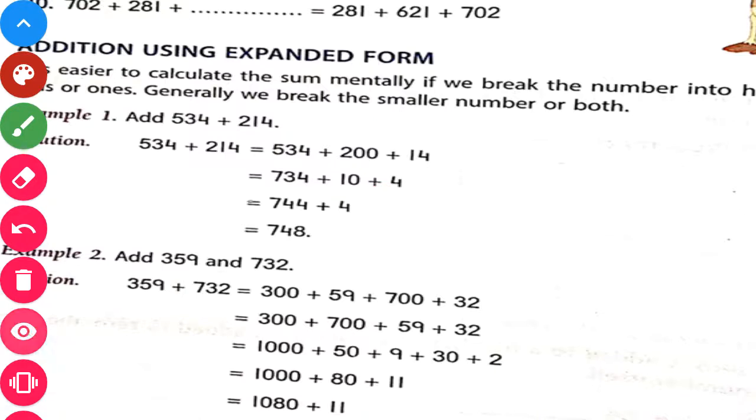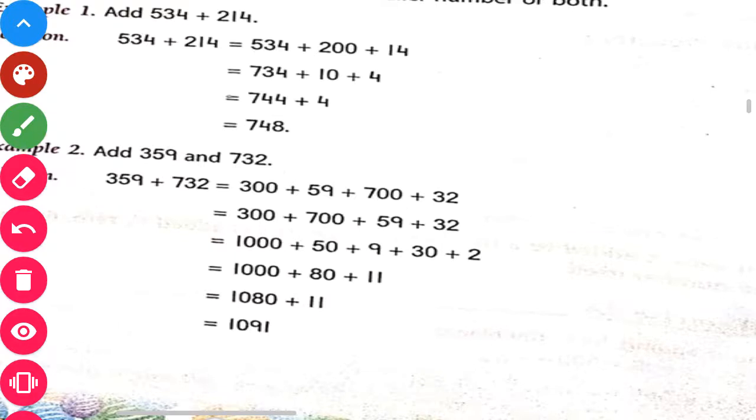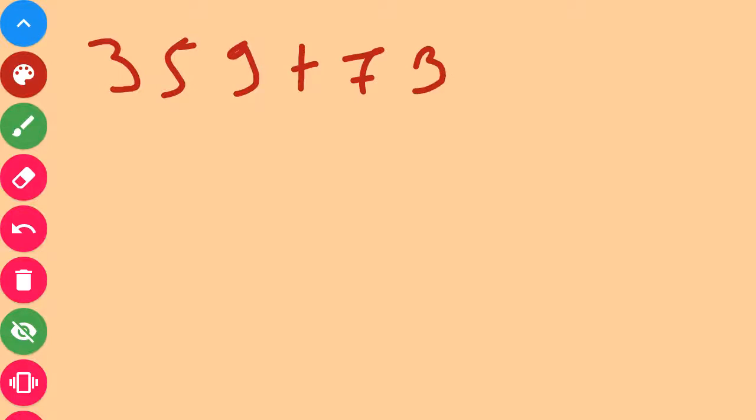Let us do it here. 359 and the next number was 732. So let us do it. What will we do first? We will expand the number.